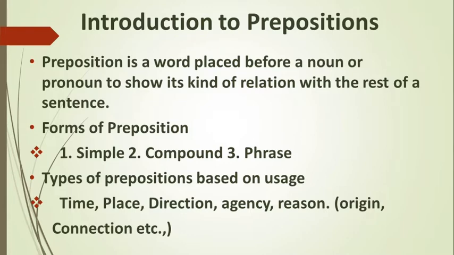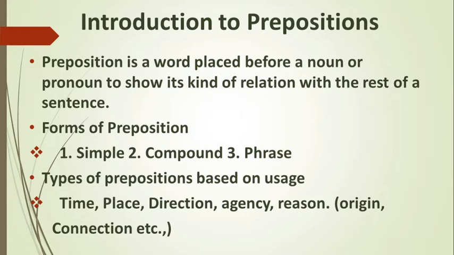Next, we will have a glimpse at the types of prepositions based on usage. Prepositions not only express the relation of words in a sentence, but also convey information and special relations with location, time, direction, or other details.